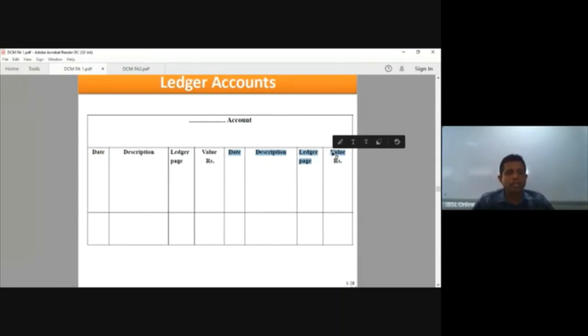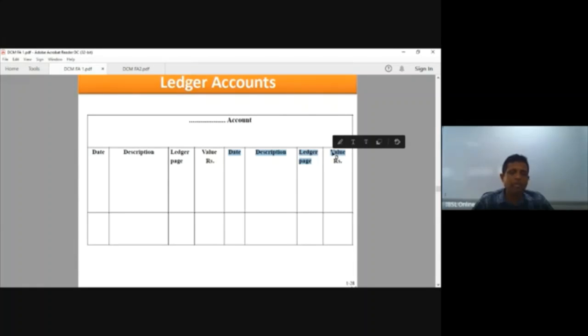Date means the date on which the transaction occurred, right? In the description, for example, assume this account will get debited.